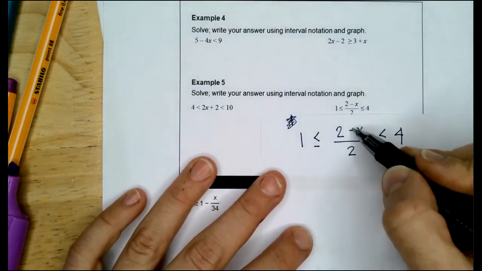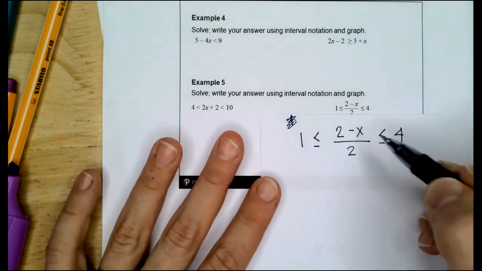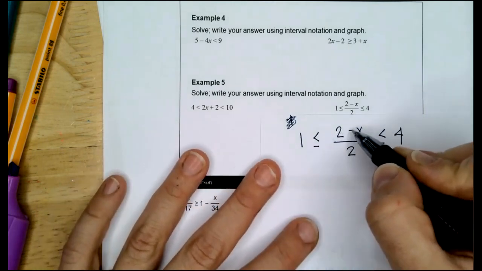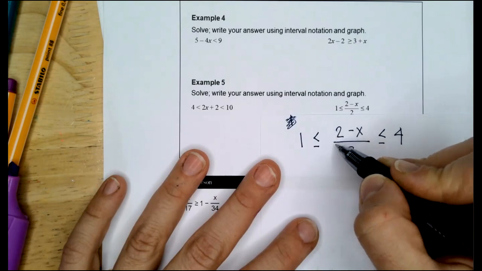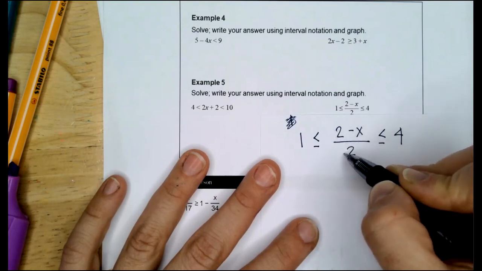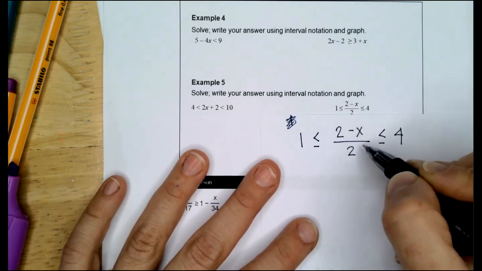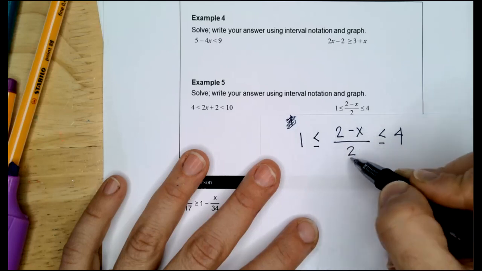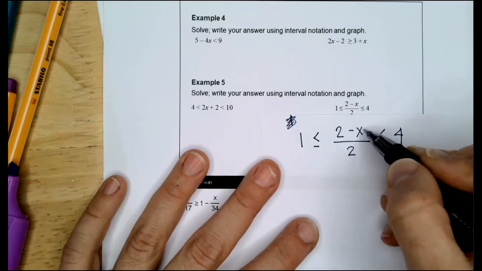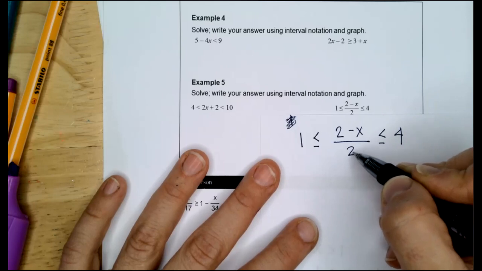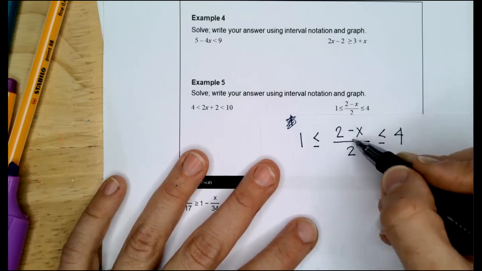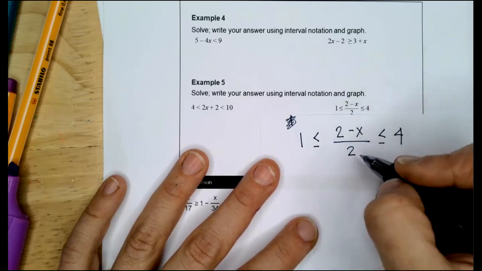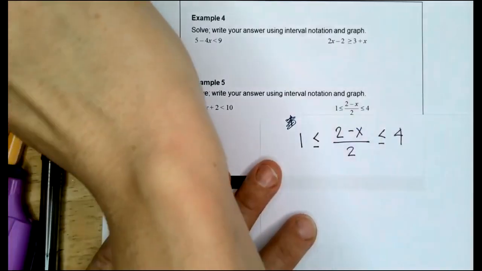All right, so anything I do to the middle, I should do to both the left side and the right side. Here, because x is being subtracted from 2, but then divided by 2, I'm going to move this 2 first to get rid of the denominator, okay? They're both being divided by 2, so the better thing to do is to multiply by 2 to get rid of that before doing anything with the 2 or the negative x. So I'm going to multiply everything by 2.